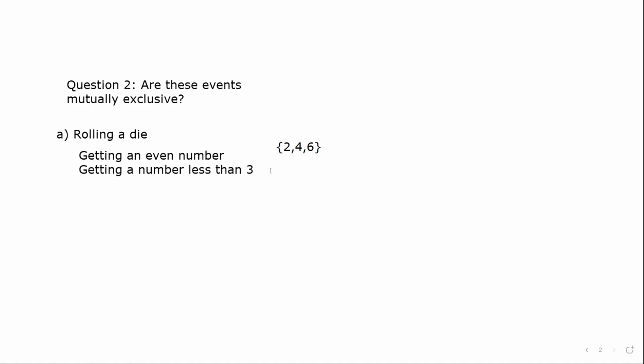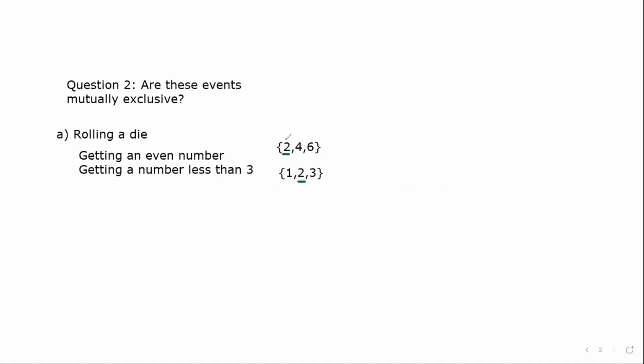Well, those are 1 and 2. Now, this is the part that sometimes is confusing for people. The question you ask yourself here is, do these sets overlap? They do. They overlap at 2.